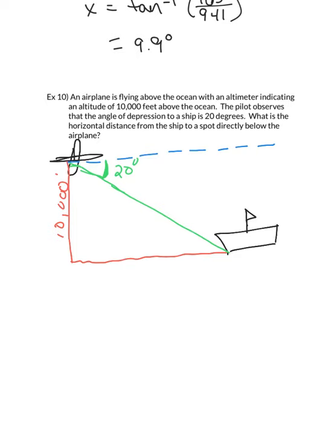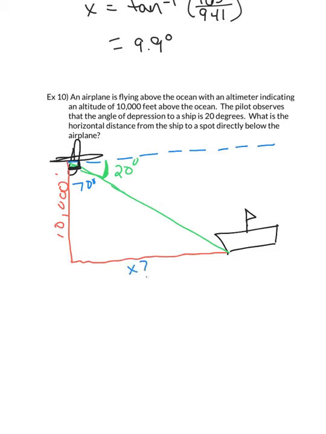The thing is that we know that these two have to be 90 degrees. So if this outside angle is 20 degrees, then the inside angle has to be 70 degrees. We are looking for the horizontal distance from the boat to right below the airplane.